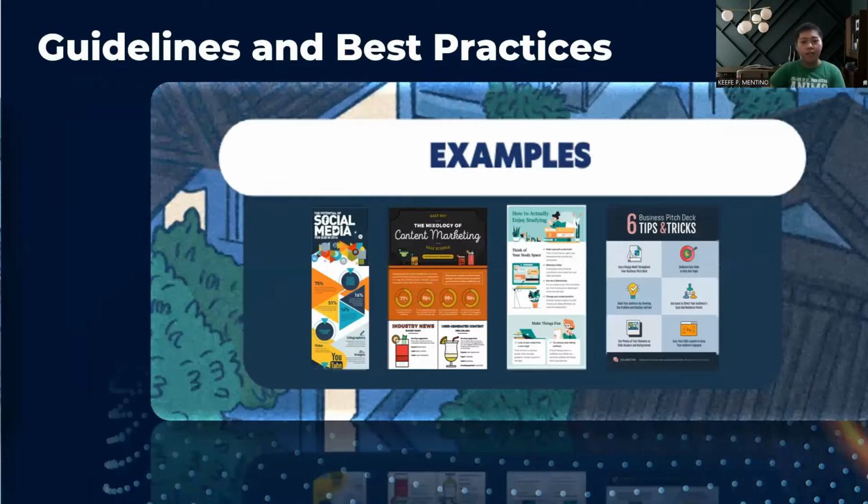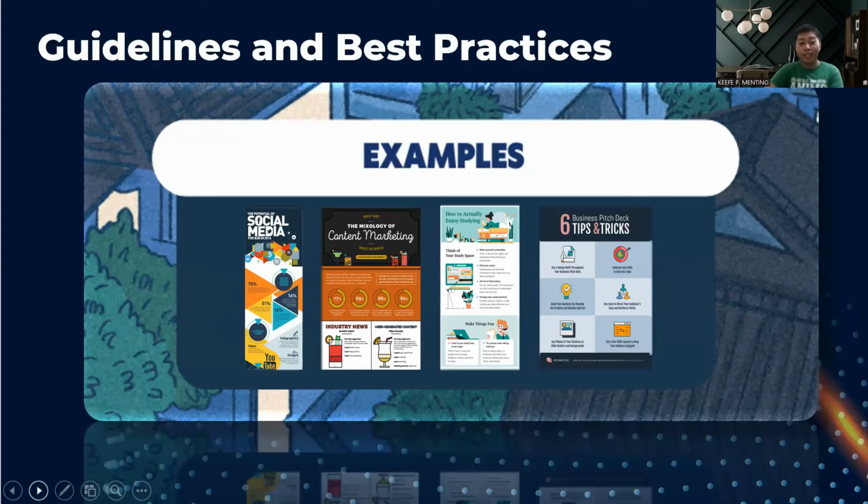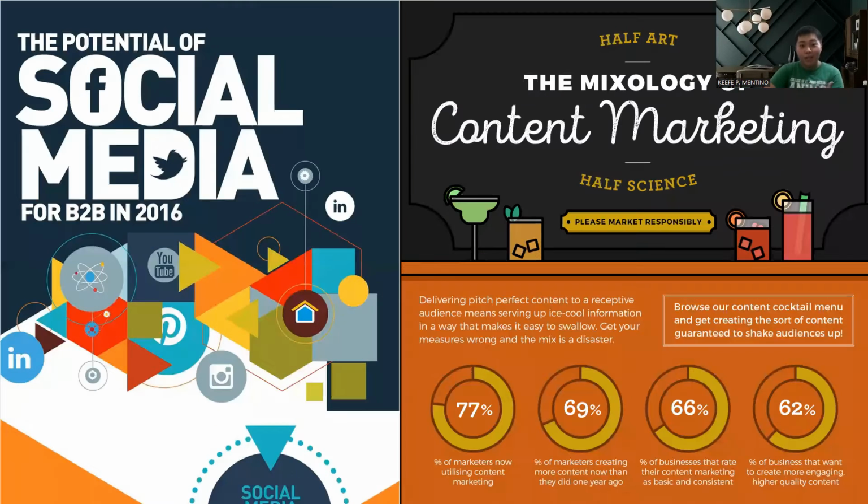So here, we can see here the examples ng compelling title. We have here, social media, diba? Makikita mo agad-agad, about ano ba yung information na to? Ano yung title ng infographic na ito? What is the information that is being conveyed in this infographic? Dito, social media.